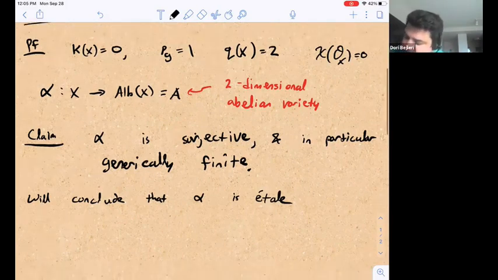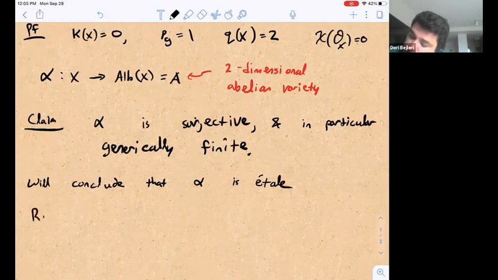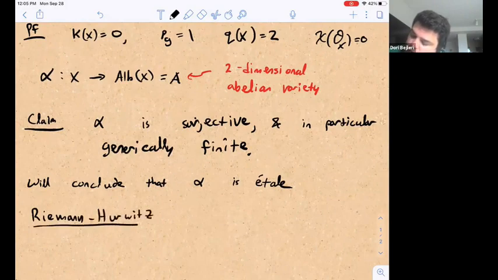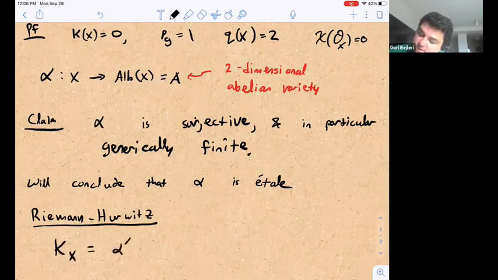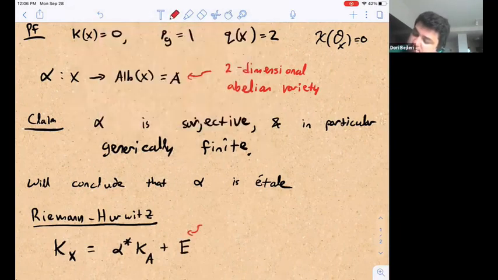Okay, so let's look at Riemann-Hurwitz for a second. So what does it tell us? It tells us that the canonical of X is the pullback of the canonical downstairs plus some ramification divisor, which I'll call E. And the key point is that E is effective.